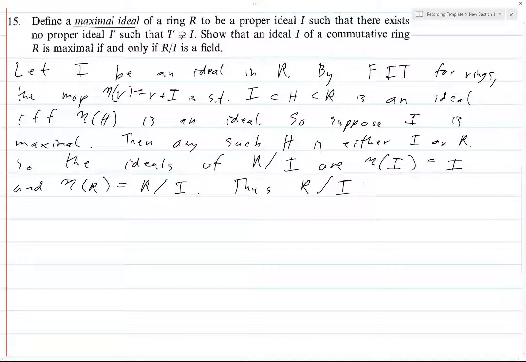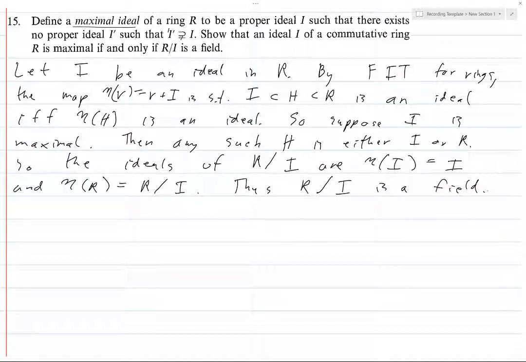Yeah, we proved that. Thus, R mod I is a field. Even if you didn't have commutativity, you would just have R mod I as a division ring. That was one of the other exercises, but we have commutativity, and so this is a field.